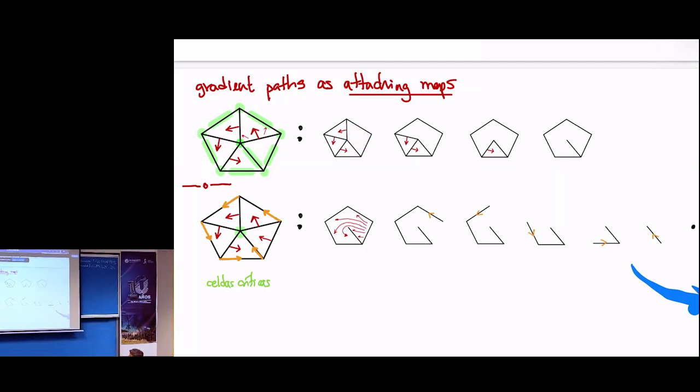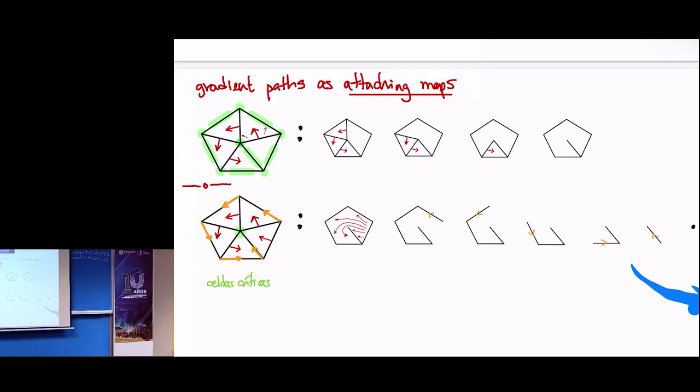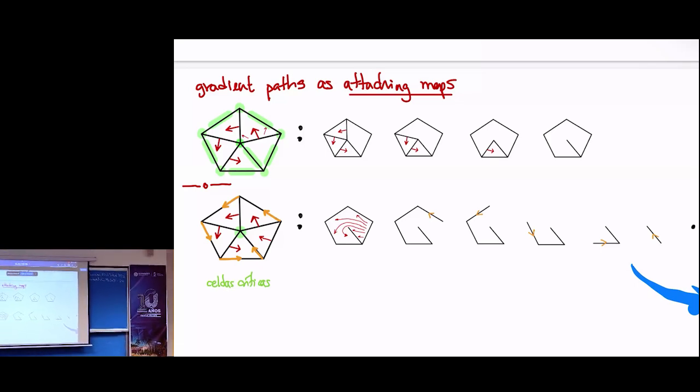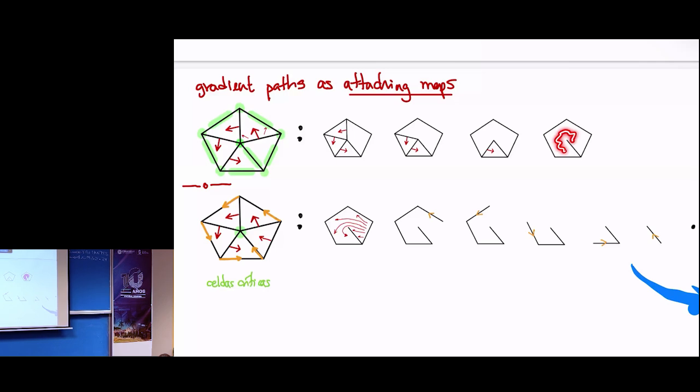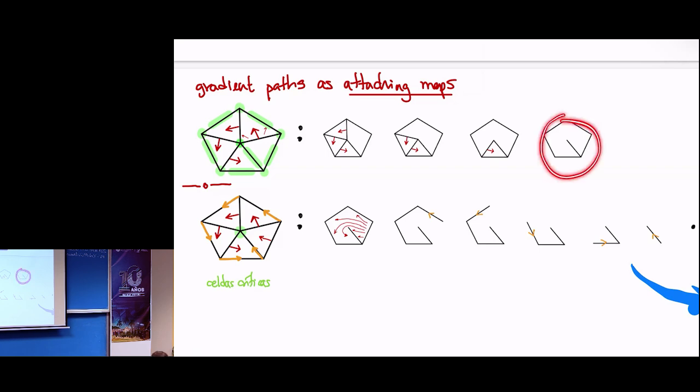And then I just keep on doing the same until I get to this cellular structure. Notice that in this situation there is one two-dimensional cell, namely this guy, and then there are a few one-dimensional cells and a zero-dimensional one.